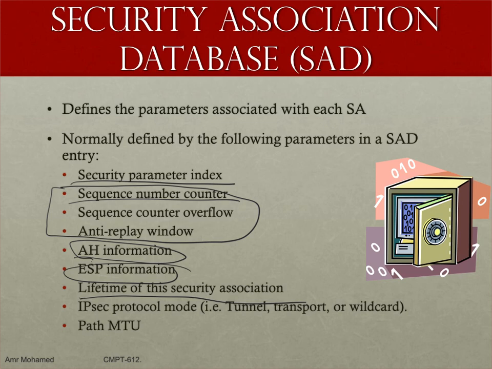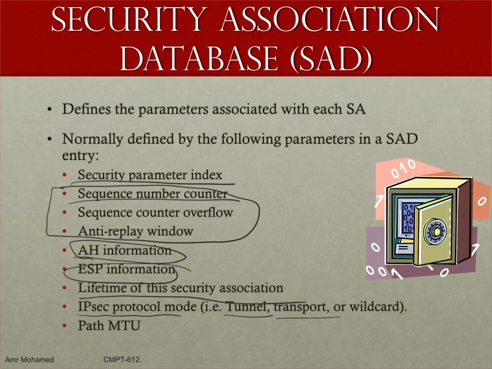And as we said, we have the flag for whether this is tunnel mode or transport mode, and we have the path MTU. Path MTU is called the path maximum transmission unit. Does anyone remember what the maximum transmission unit is used for? Does anyone remember this from Network 1? The number of times that I have to transmit the packet?